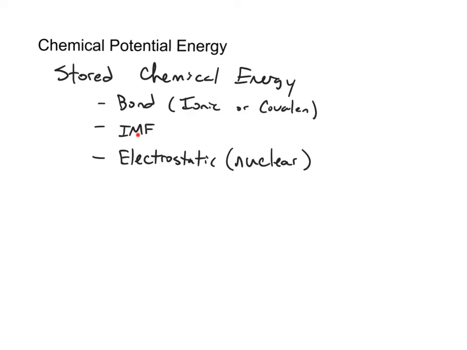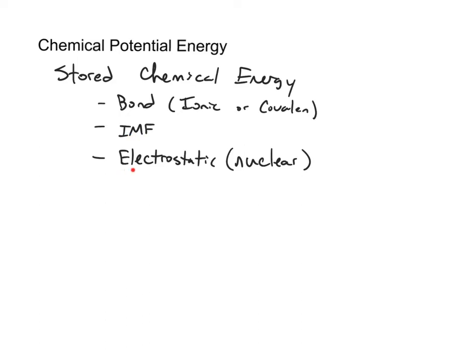Intermolecular forces is another way that chemicals can store energy. An intermolecular force, like a dipole-dipole force or even a London dispersion force, and we'll talk about intermolecular forces in the next chapter at much greater length, but these are weak attractions between molecules, but are still sources of stored energy.